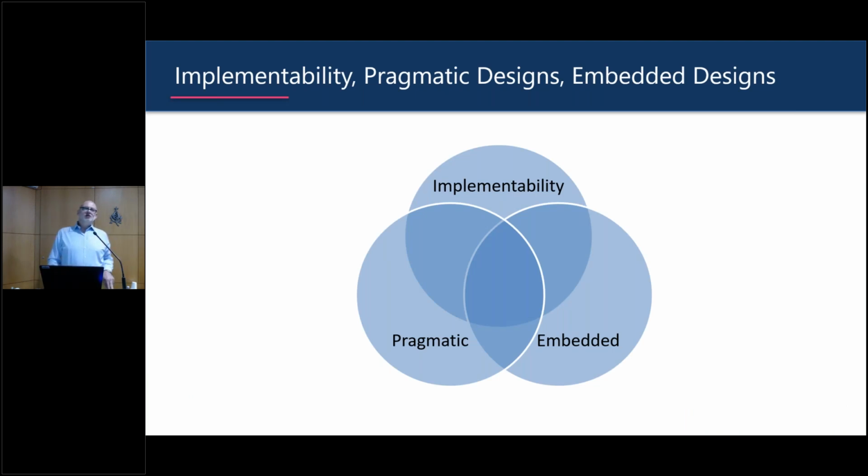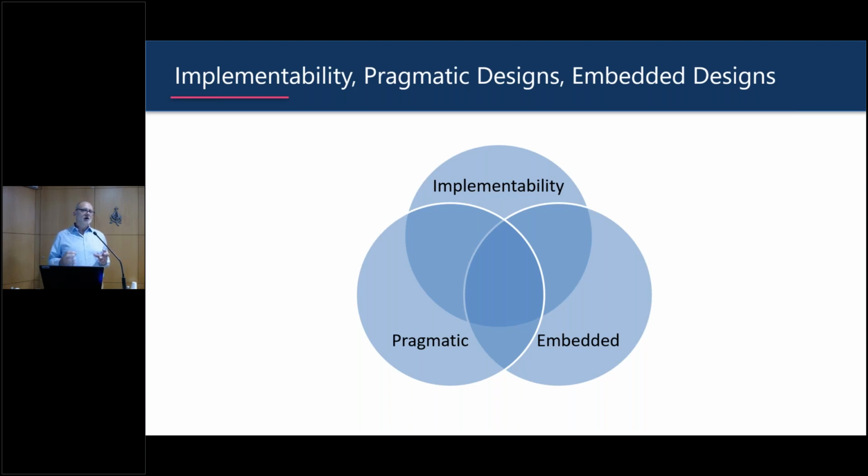I just want to go on a slight tangent for a moment and acknowledge that there is quite substantial overlap between implementability and two other concepts, which I think are both really valuable concepts, that of the pragmatic clinical trial and that of the embedded clinical trial. There are features of each of these three components that are unique.